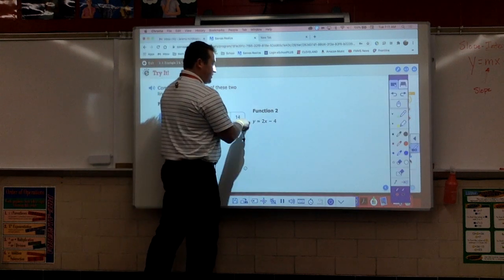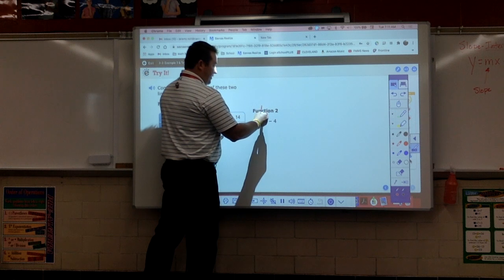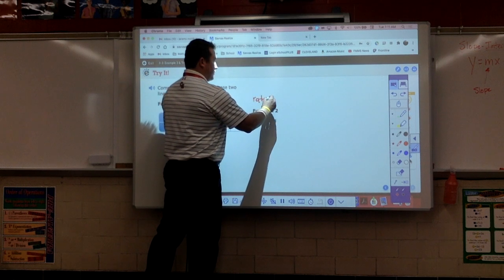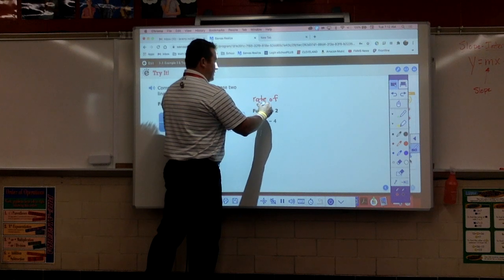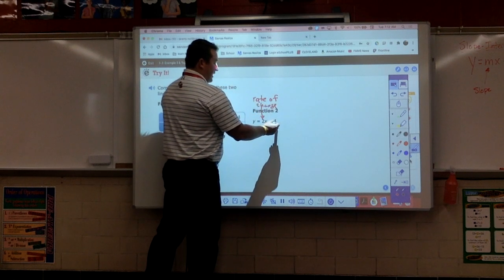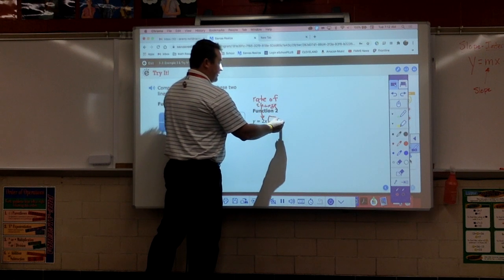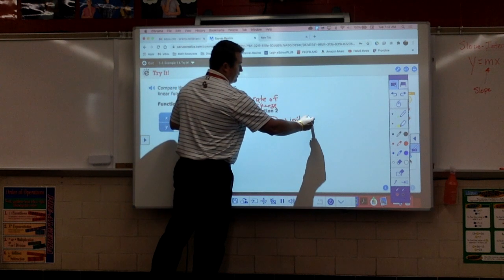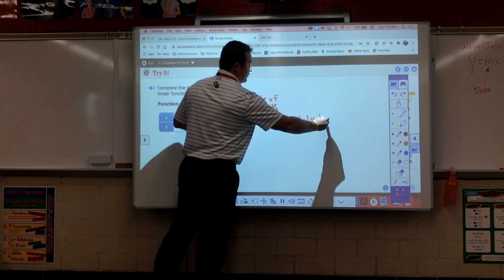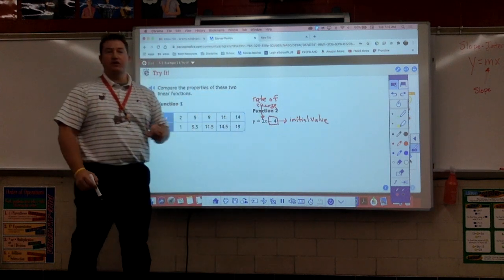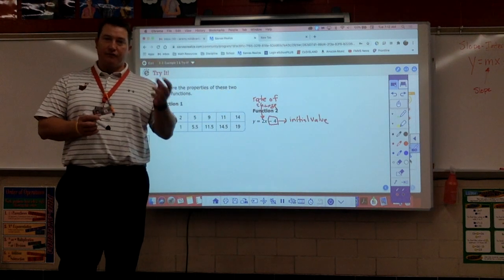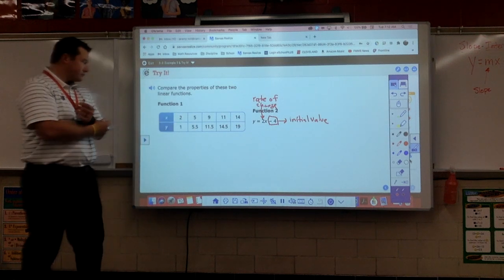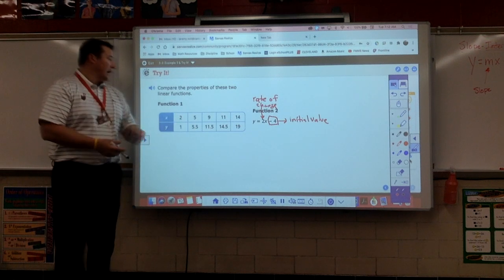Function 2 is an equation, so I know that this 2 right here is the rate of change, and this number here is the initial value. So we have a rate of change of 2 and an initial value of 4. Not as easy to do on our table here, but we should be okay.